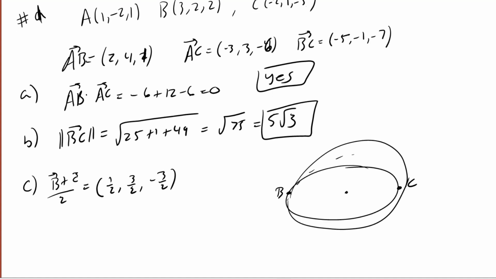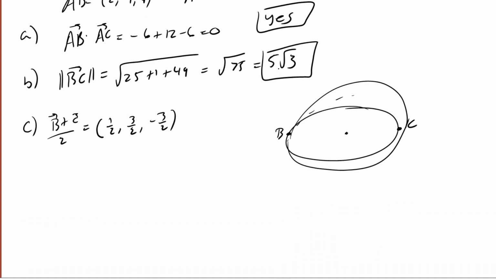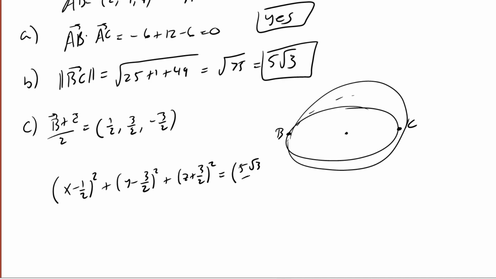Okay, so that's the midpoint, and we know what the radius is because it's half of that. So we have the equation of the sphere: x minus 1/2 squared plus y minus 3/2 squared plus z plus 3/2 squared equals 5 root 3 over 2 squared.